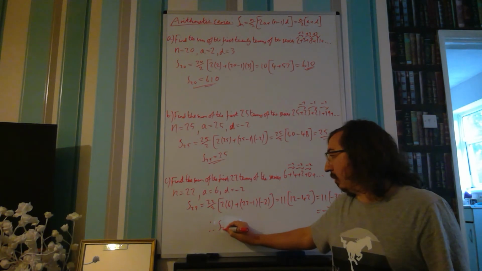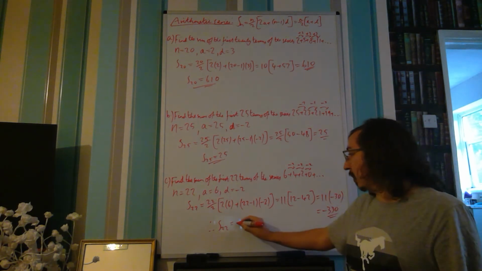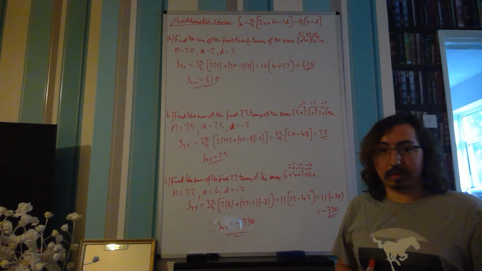So our sum of the first 22 terms is equal to minus 330.